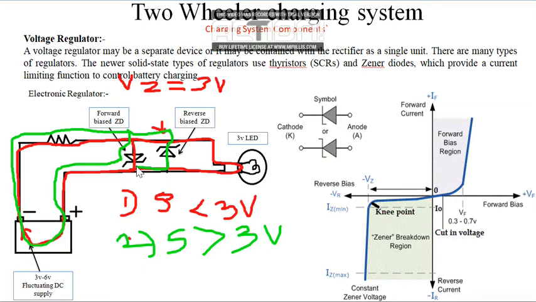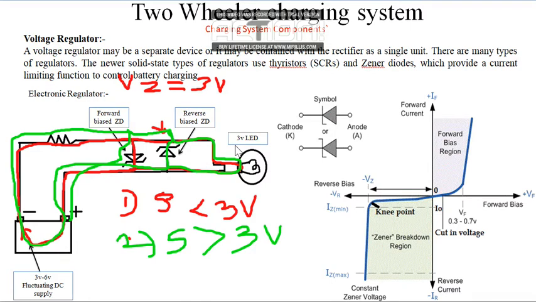conduct also, even though the direction is different, and during that time voltage is supposed to pass through the light also. Now my source is giving more than 3 volt, but the light is limited to 3 volt.